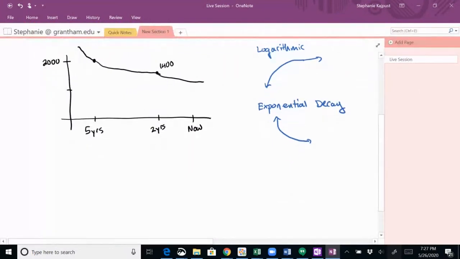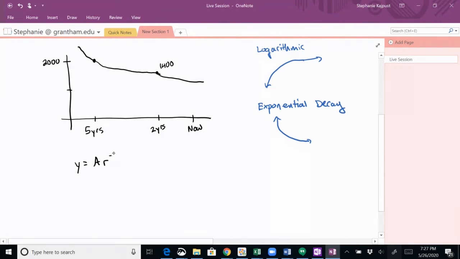Exponential decay is where you have y equals, and then I'll say a for the starting amount. And we can do this in 2 ways. We can use a continuous decay where you use the letter E, or you can use any kind of value for r. We don't really know what the rate is, so we can just use r in general.